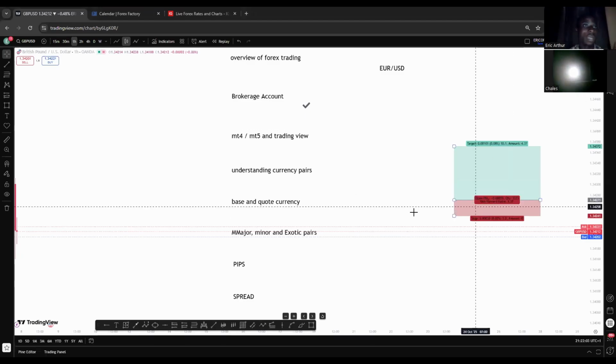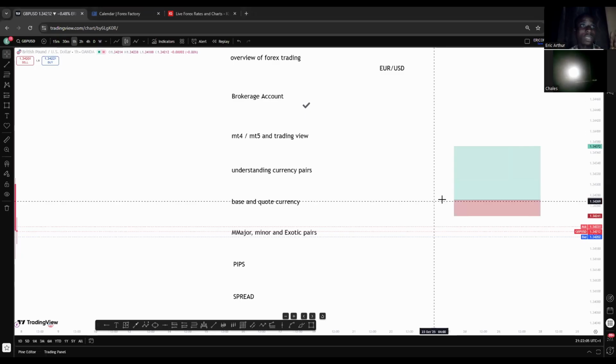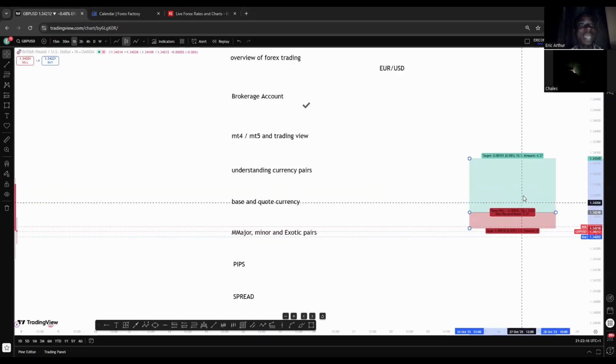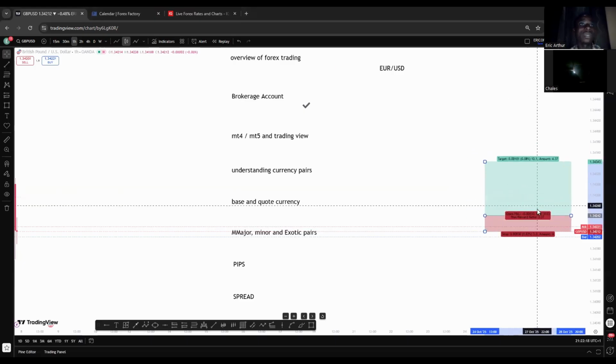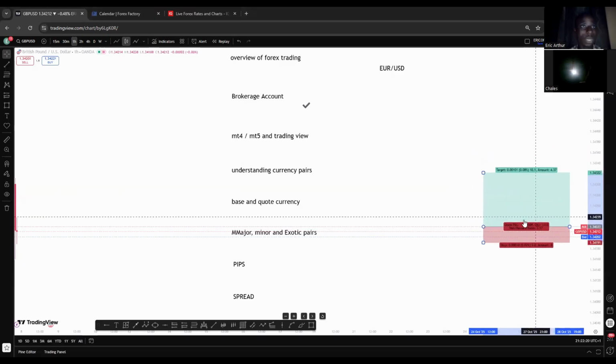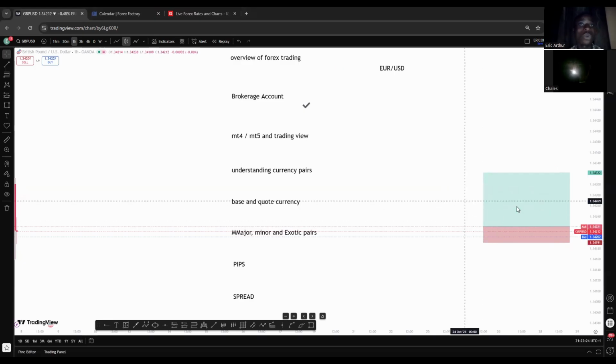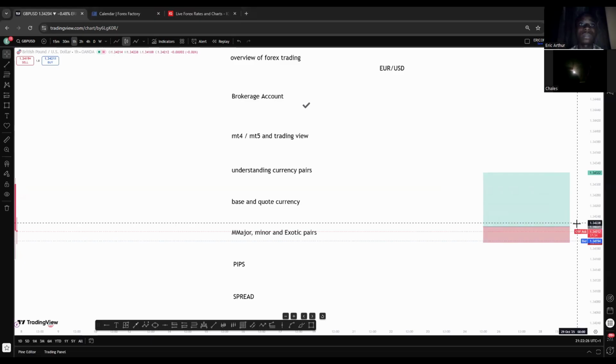So let me do an example here. If you look at this ask price and the bid price right now, if I'm buying now, the market will give me this price because I'm buying. The seller is willing to give me this price. You get it?